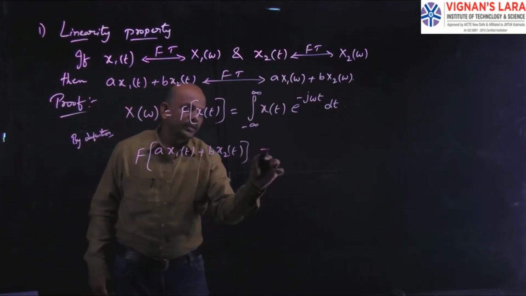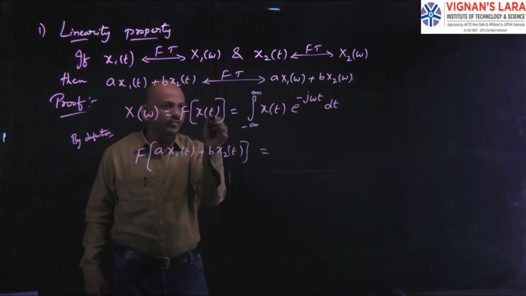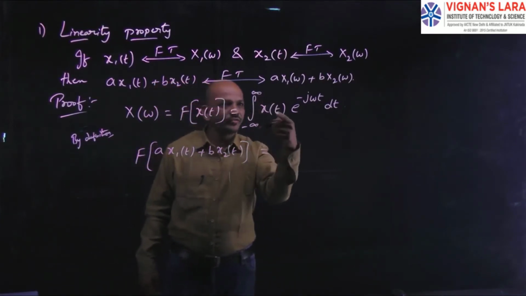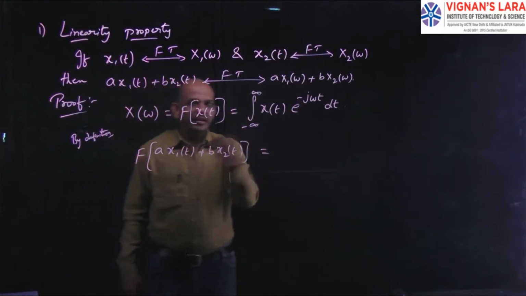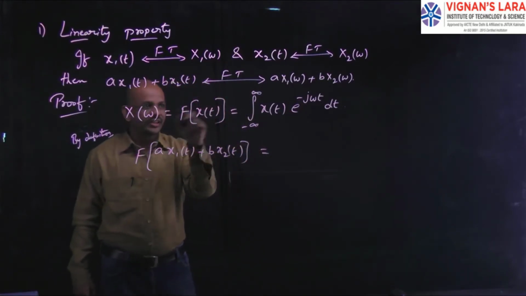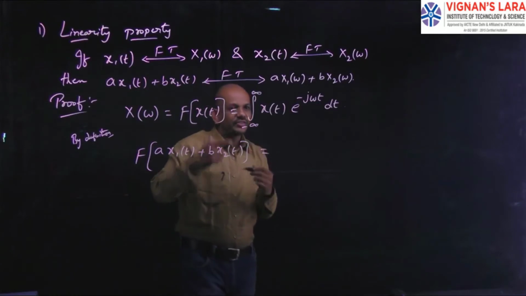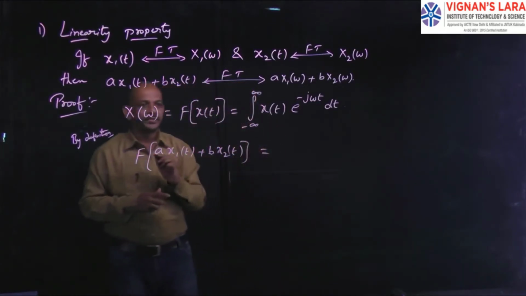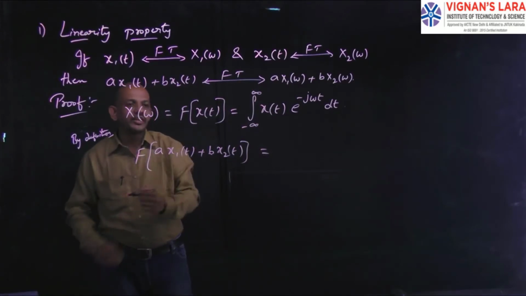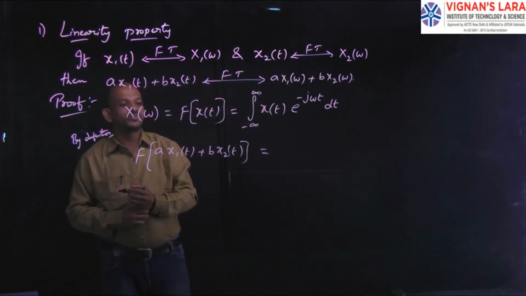See here, the Fourier transform of x of t is the integral from minus infinity to infinity of x of t e power minus j omega t dt. Whenever we have to find the Fourier transform of a signal, it is the integral from minus infinity to infinity of that signal into e power minus j omega t dt. Here I need the Fourier transform of a into x1 of t plus b into x2 of t.